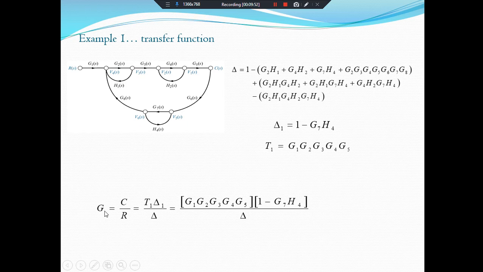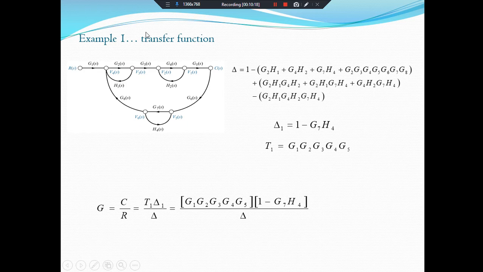So G of s, the transfer function, will be equal to output over input, T1 delta 1 over delta. We simply put in all the values we have found. This is the forward path gain, this is delta k1, 1 minus the loop gain of the loop that is not touching the forward path, over delta. So this is the transfer function.